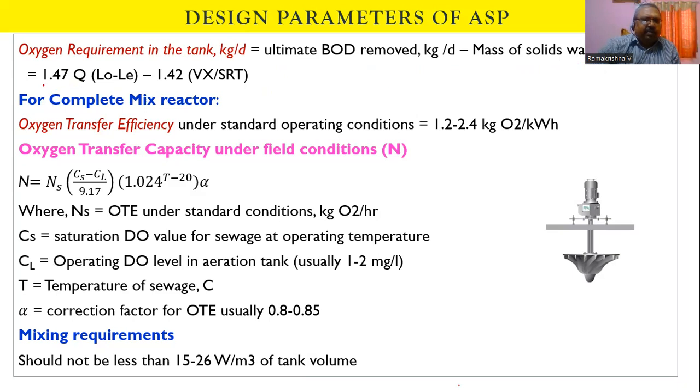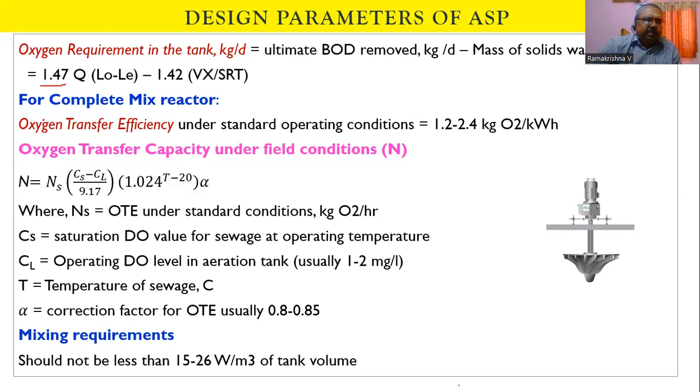So it is 1.47 Q into (L naught minus Le), where 1.47 is the conversion from 5-day BOD to ultimate BOD, minus 1.42 Vx by SRT, where 1.42 is the fraction of the waste converted into the wastage of solids.